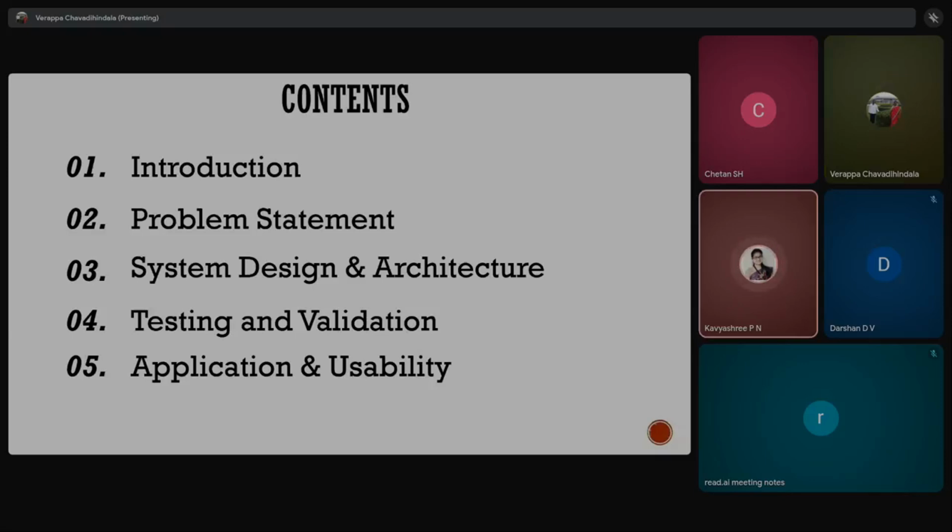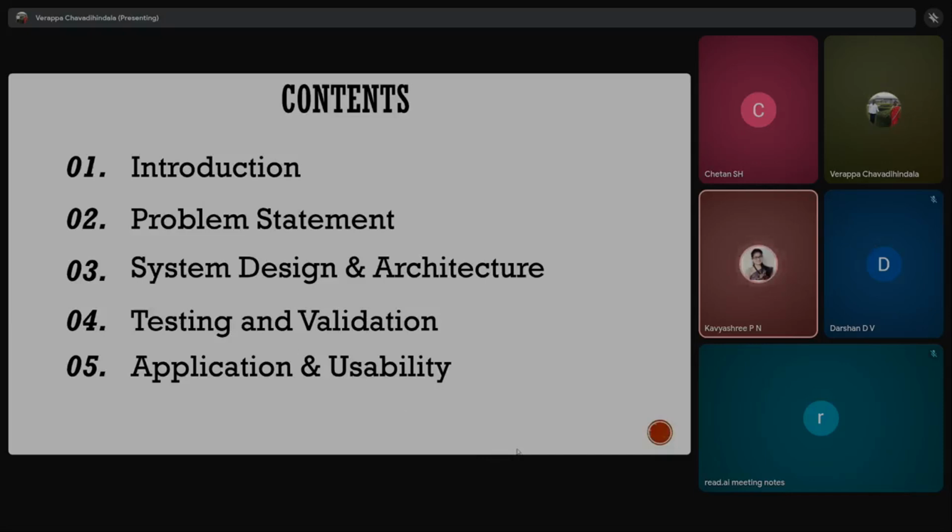In your seventh semester examination there will be a project examination for you people. There also, from the scratch, you need to explain: introduction, problem statement, objectives, literature review. Then methodology, that is system design and architecture.